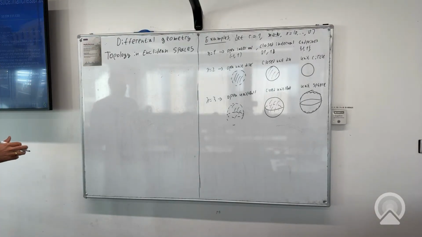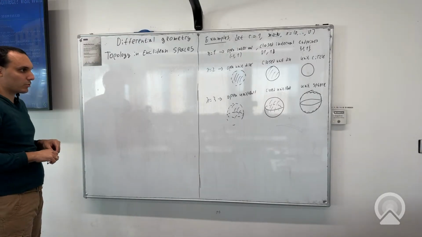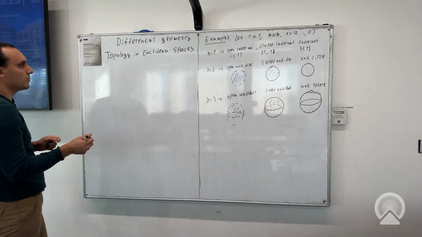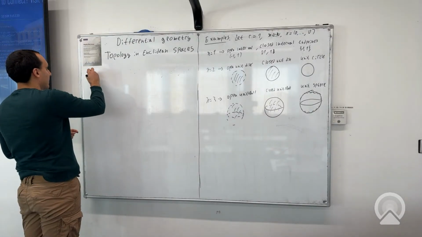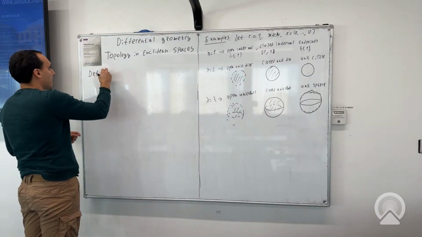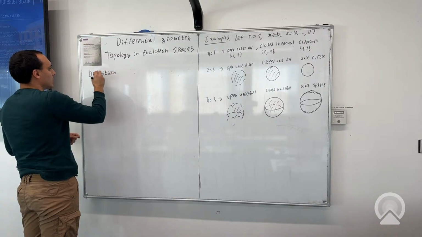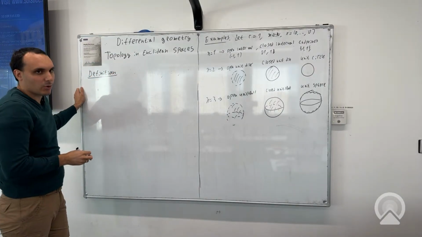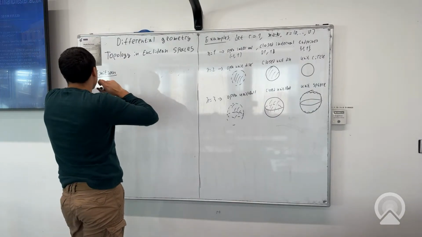These are archetypal examples of open sets, but it's very often useful to work with parallelotopes. So let's just introduce them. Or I will call them bricks. In my code, they're called bricks as well.